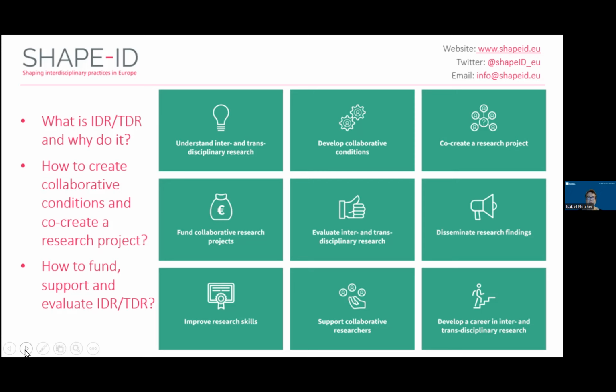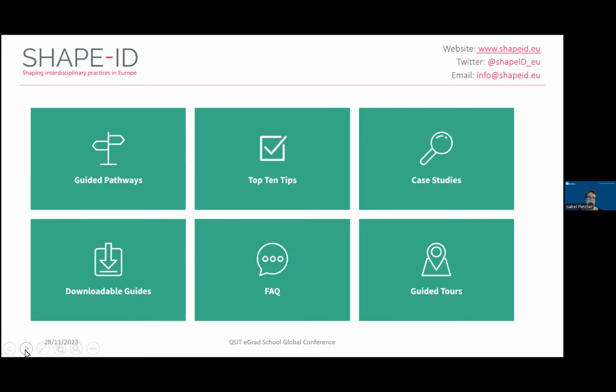And different kinds of resources we have, the guided pathways. As I said, I'll talk about that a bit more. But we also created some resources of our own. The top 10 tips are collective wisdom from the project group on how to best conduct interdisciplinary research, to fund it, to evaluate it, to support researchers.